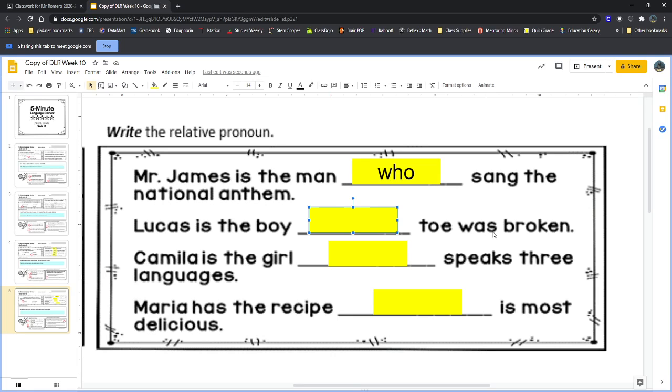We know who the toe belongs to. So I need to say something else, not who. What do we say when we know who that thing, whatever it is, belongs to? It's close to who, but it's not who. Kylie, can you help out?